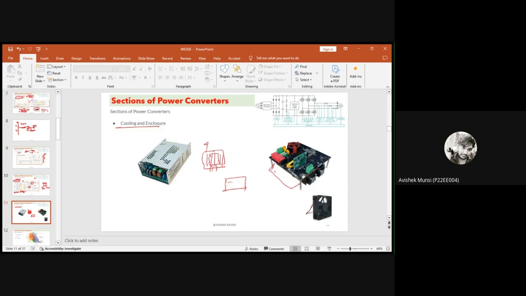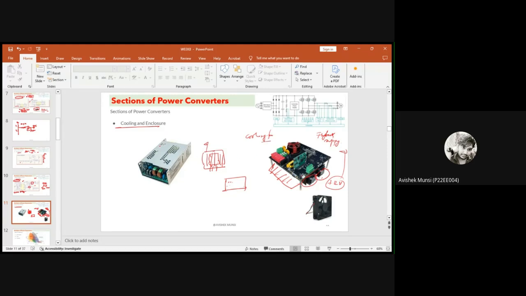Suppose in some converters they use a whole block of heatsink behind or above this, and they use some kind of cooling fans. These are DC cooling fans, which also require 12 volt, which we can get from that flyback power supply. So these are cooling fans, which can also be used for cooling the overall system of the converter.